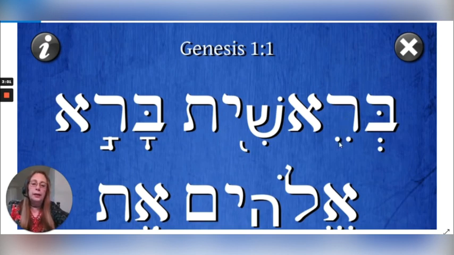And these are another two little dots, and they are placed under this letter to give it a particular sound. And this is called tsere. Tsere, as in they.